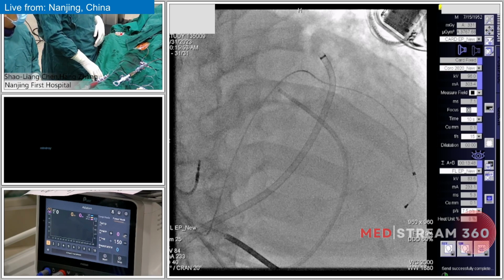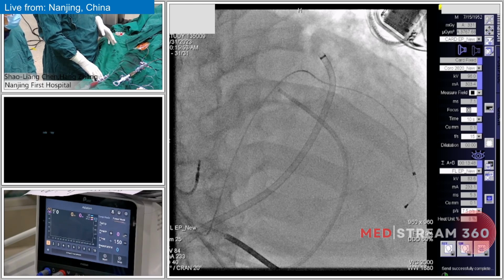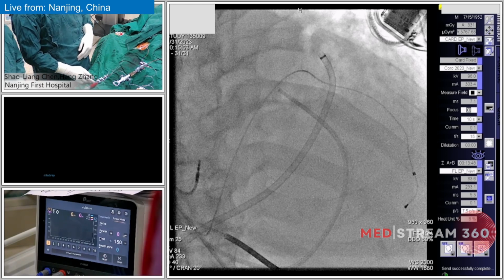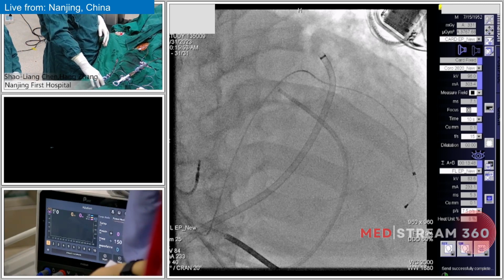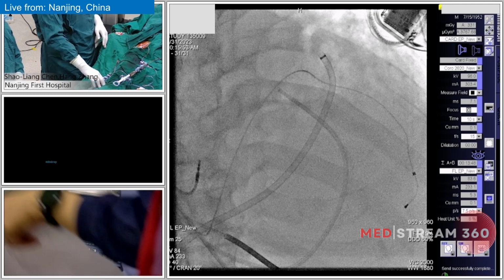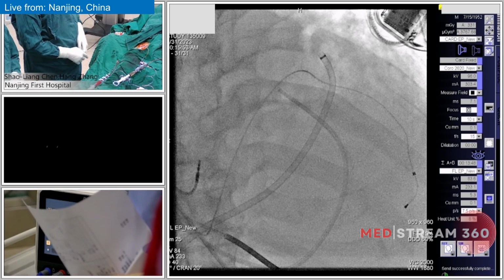PCWP is 23. So the difference between mean pulmonary arterial pressure and the PCWP is 24. Cardiac output is 4.3. So the PVR should be greater than 5. How much is the PVR? 6.28. Correct.